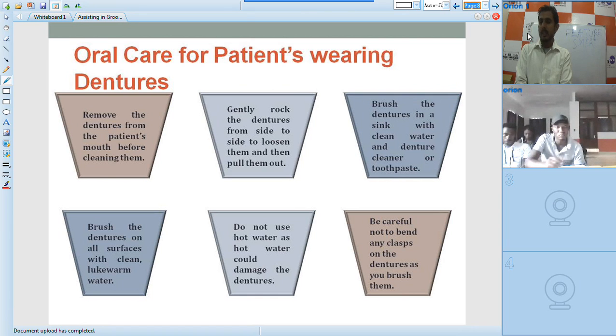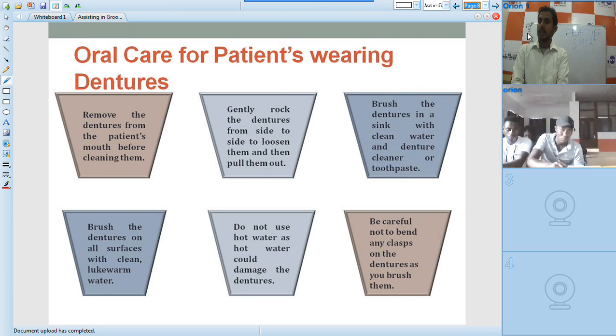For giving oral care to such a patient, you need to follow the procedure: remove or pull out the denture from the patient's mouth, then clean it and put it back inside the mouth.